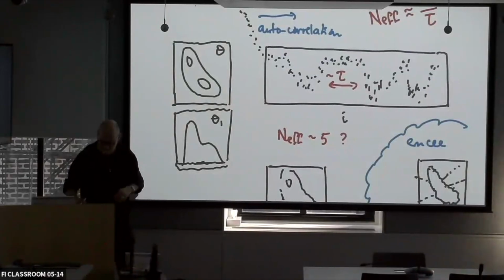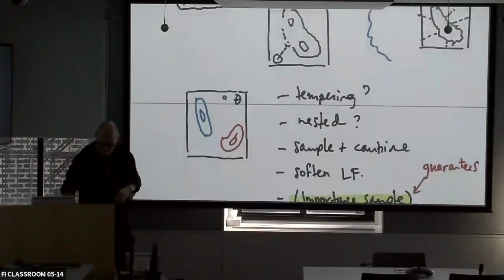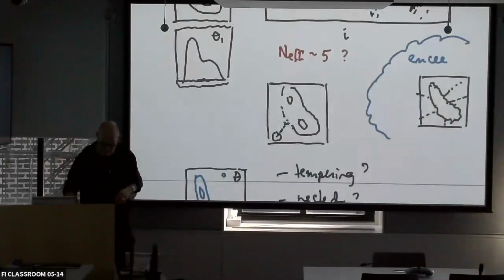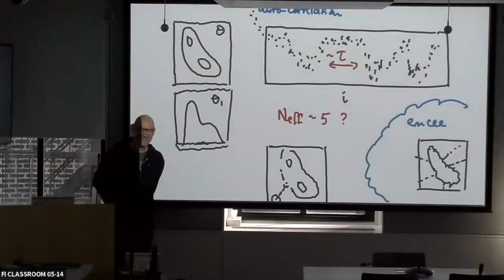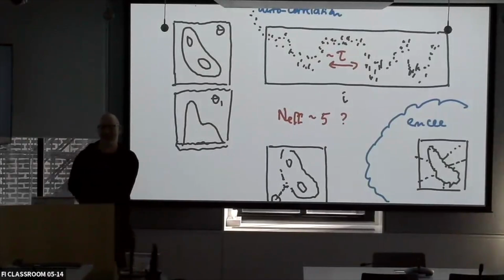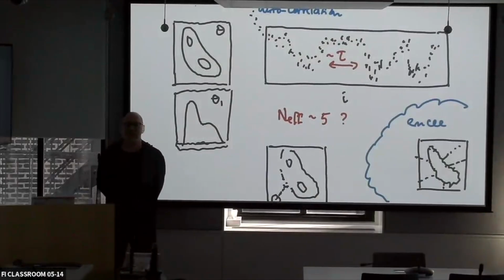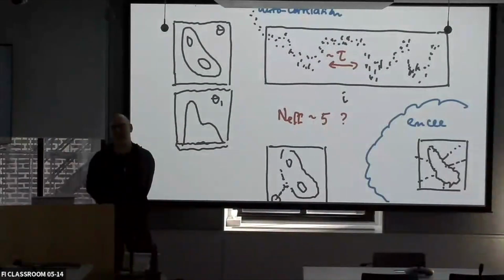Can't you just solve that problem with adding more walkers? It depends how much they're separated, right? In principle, the Metropolis-Hastings algorithm we wrote down last time has a guarantee.